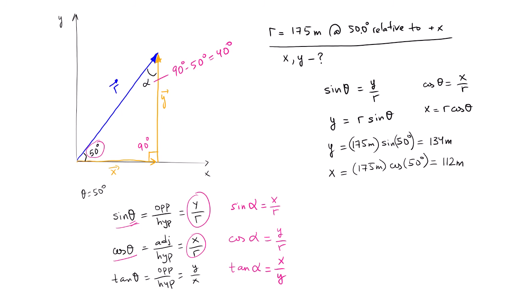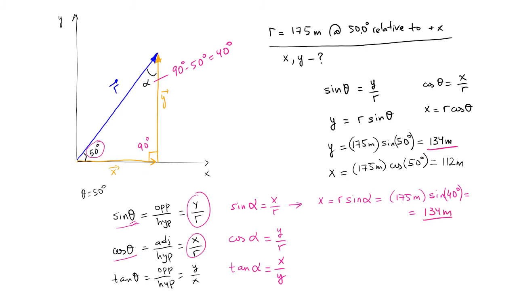So if I use this expression to find the x, that would be x equals r sine alpha, which is 175 meters times sine 40 degrees. If you punch this into the calculator, you will get 134 meters.